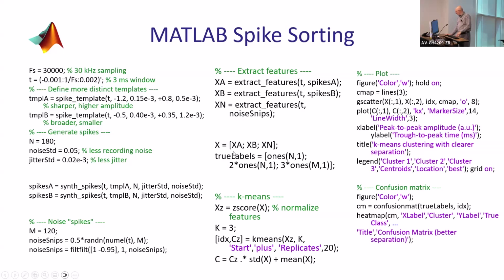Now, what is left to do is the actual k-means procedure. Since their magnitudes are very different, technically the values in time might be orders of magnitude different from the peak to peak values.